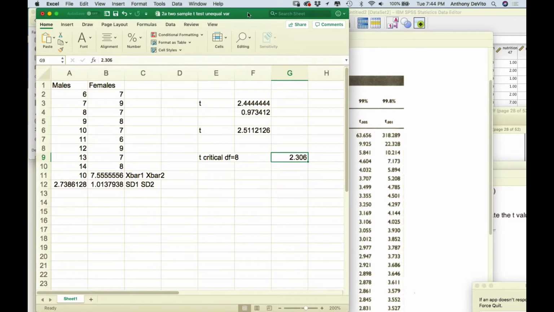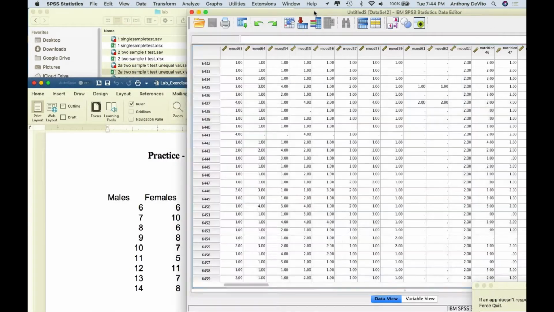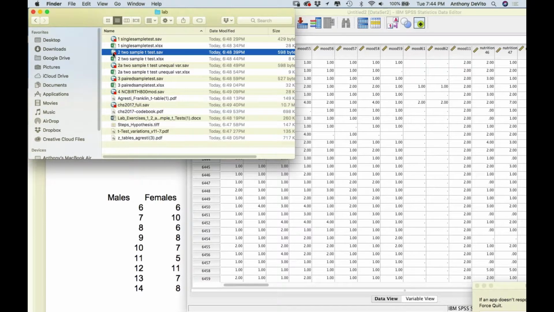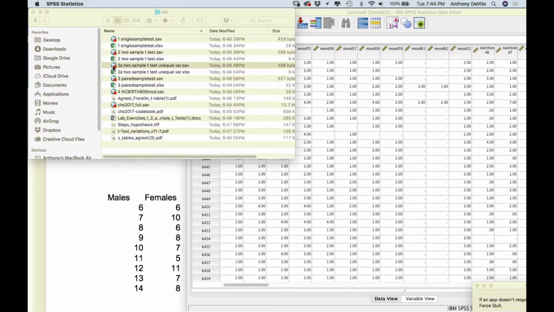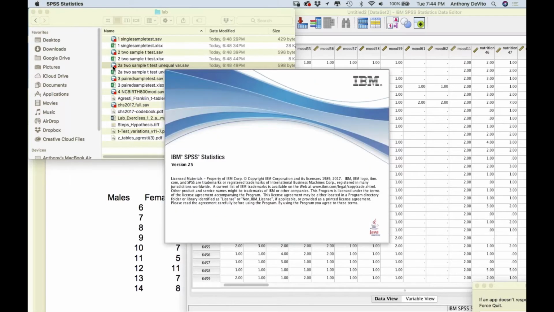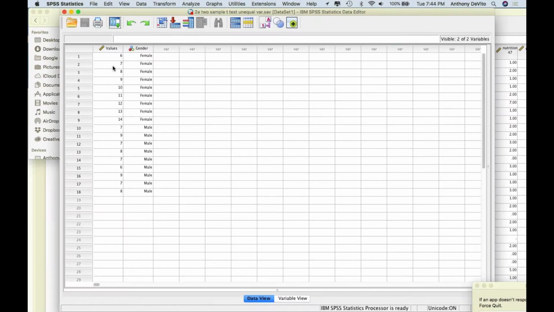Okay, I'm going to do the same thing in SPSS. I have the same data set. Okay, those are two data sets.